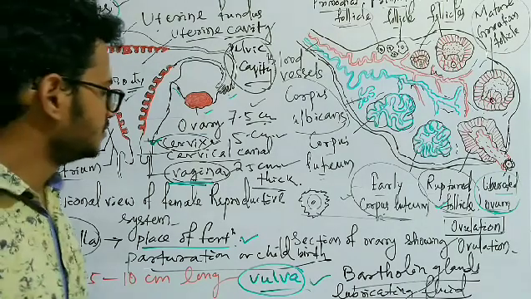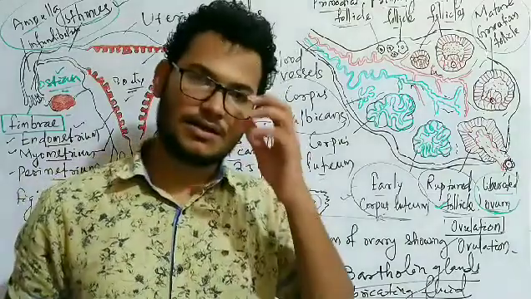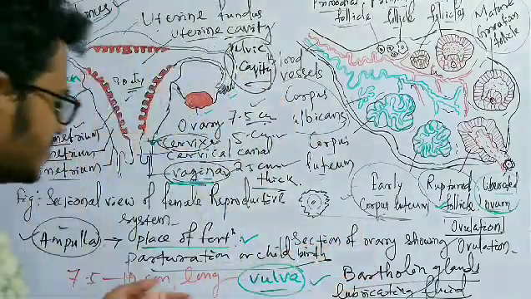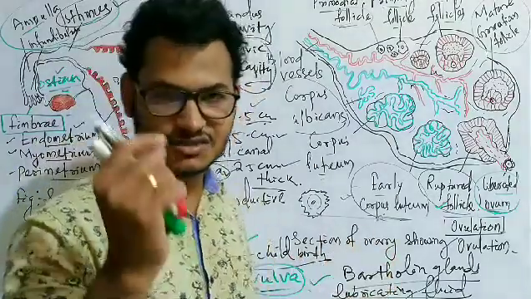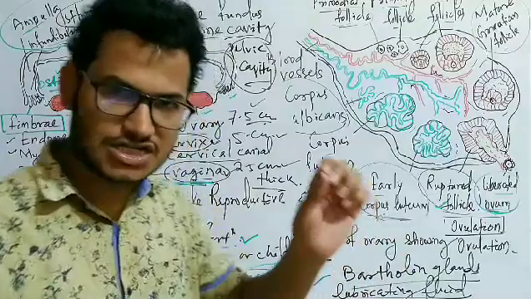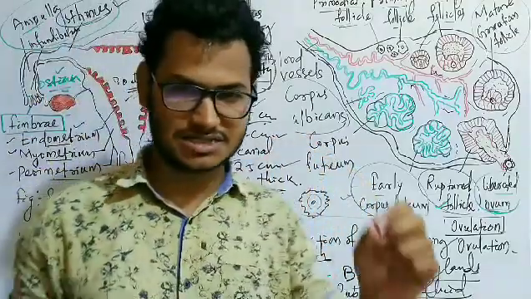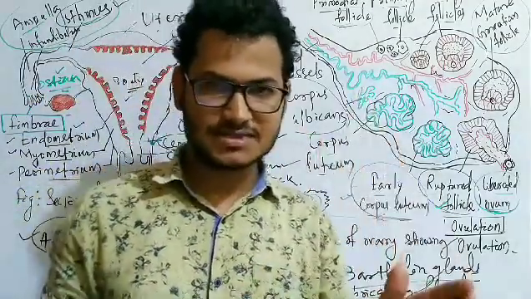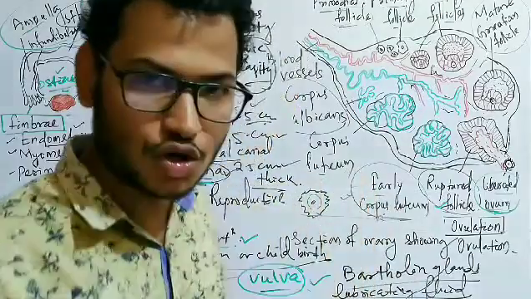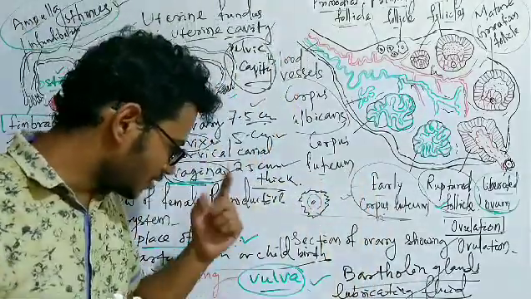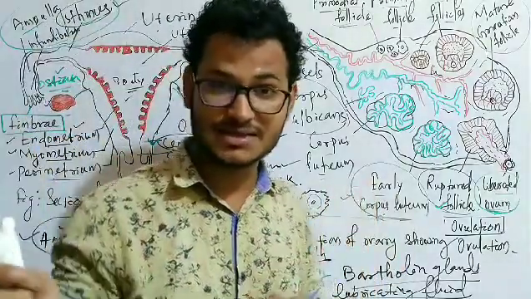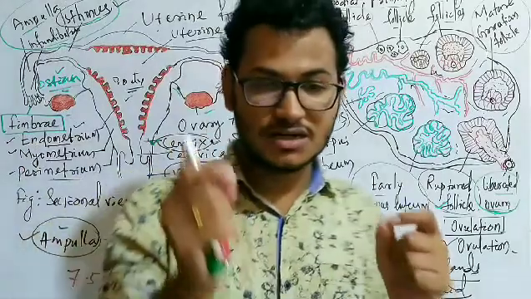Finally, the last structure that we are going to discuss is the clitoris, which is an erectile structure, very small in size. It is homologous to the structure in the male reproductive system that we call the penis. The penis is the male reproductive organ, or the main genital organ, we can say. So the penis is homologous to the clitoris.